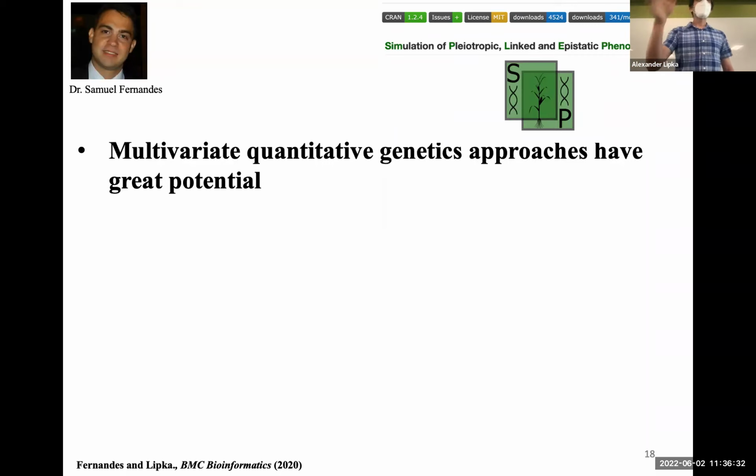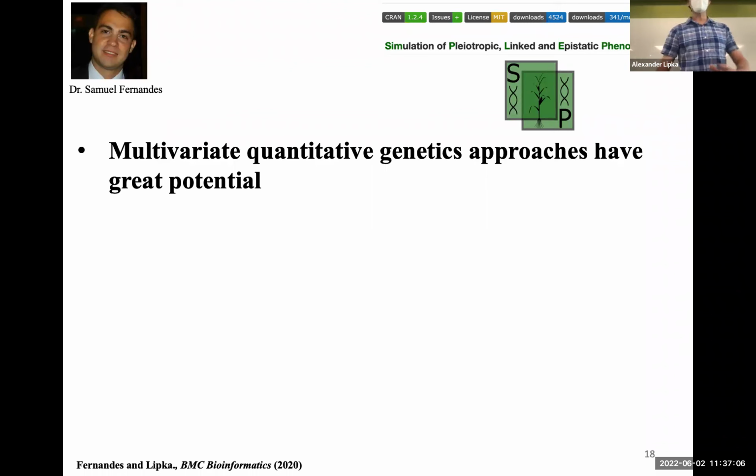Here's why I'm talking about this. The beauty of simulations is that you will know what the actual causal mutations are, right? For simulated traits, you'll have a ground truth of what's actually underlying them. It's a really powerful approach to see how good of a job a given statistical approach is doing with finding true and false positives, and that is the reason why I have this here.